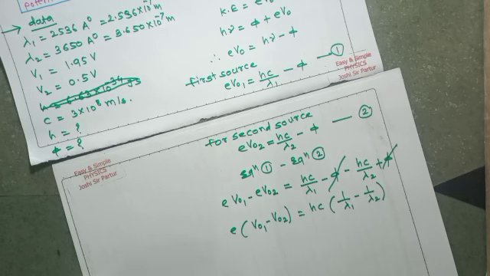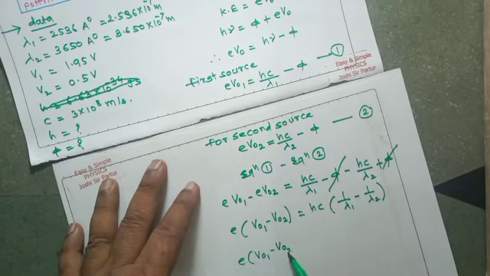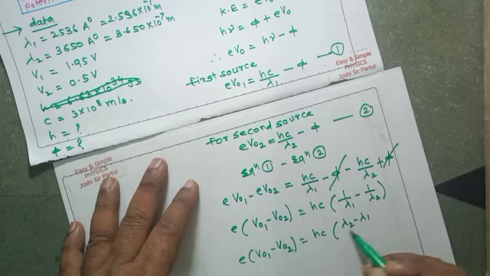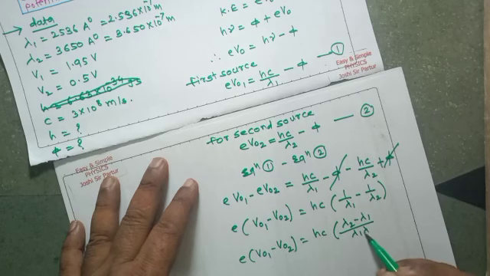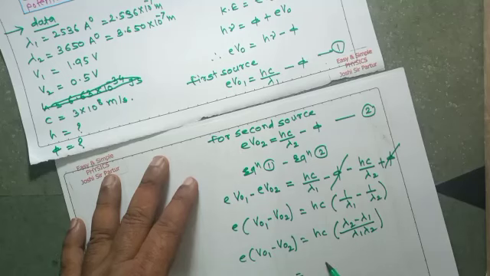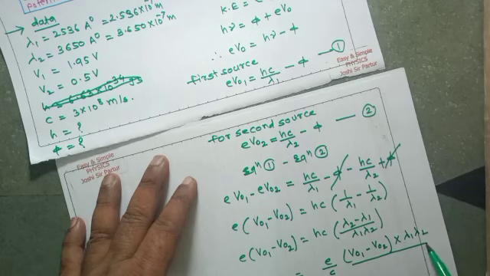If we solve, e(V01 minus V02) is equal to hc (lambda 2 minus lambda 1) upon lambda 1 lambda 2. So therefore h is equal to e upon c, (V01 minus V02) multiplied by lambda 1 lambda 2 upon lambda 2 minus lambda 1.